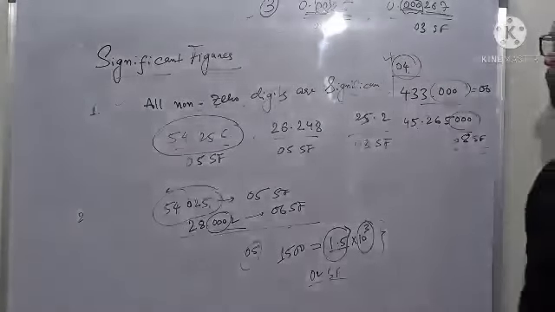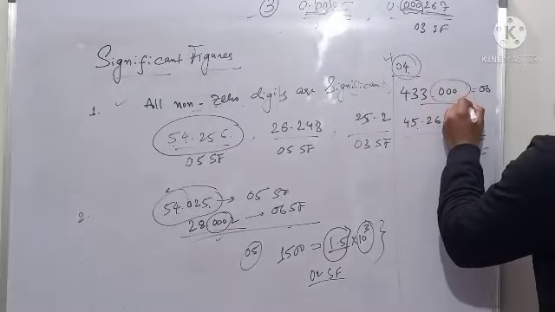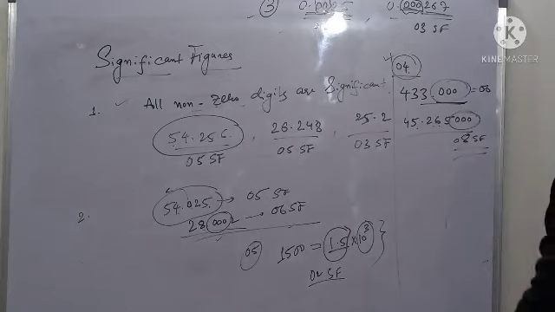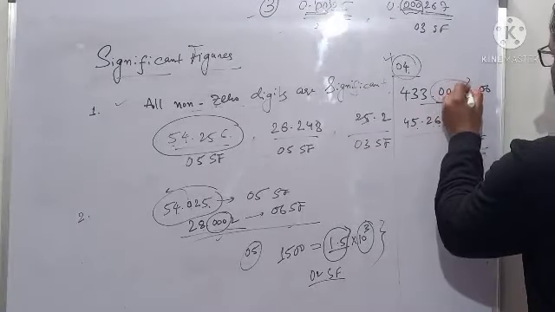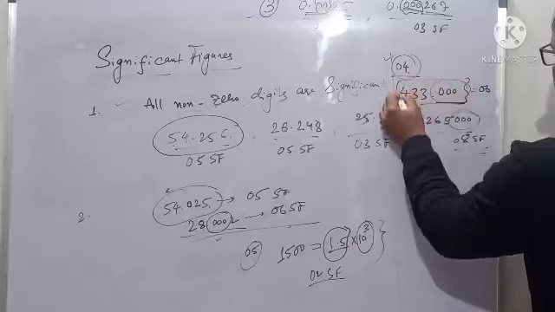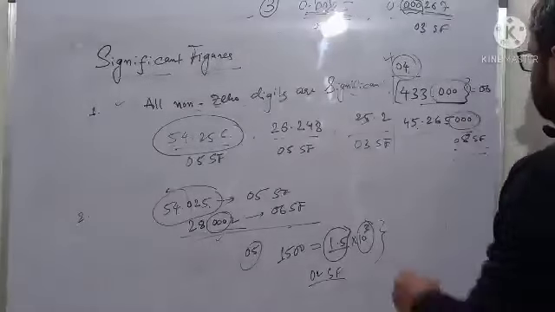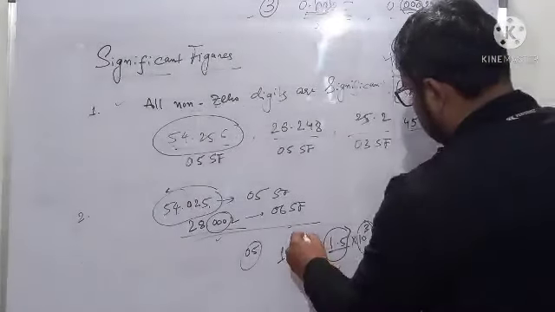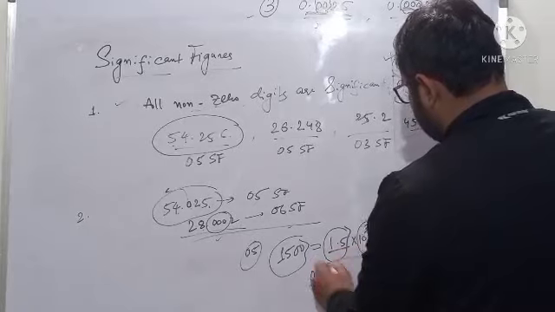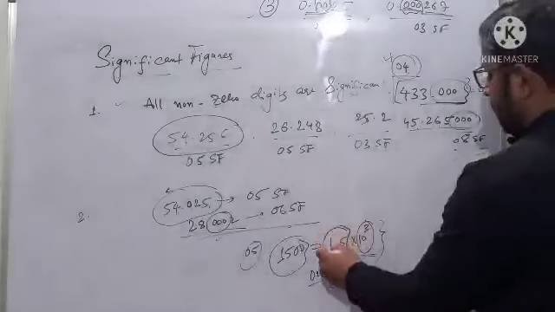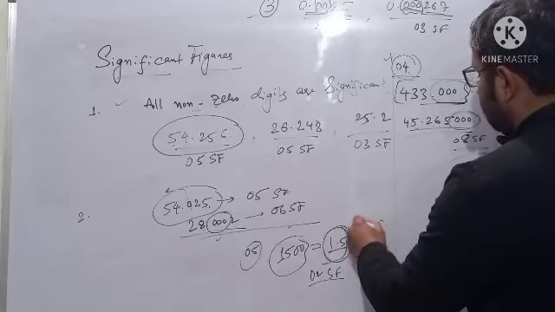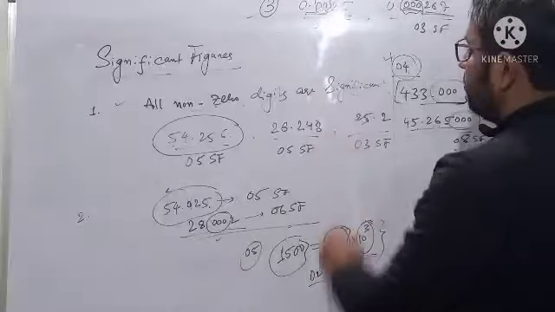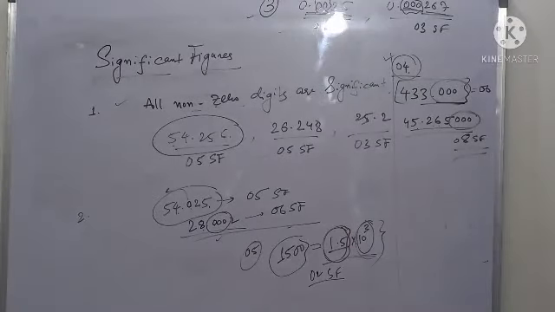My fourth rule was that if I have zeros towards the right of the number or after the decimal places, then those zeros will be significant. They have to be counted when you are counting the significant figures. Okay? And my fifth rule was that if I am writing a number in scientific notation, then the numerical part will be significant and the exponential part will be insignificant. So these are the 5 standard rules for counting significant figures.